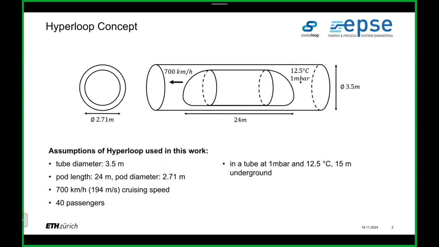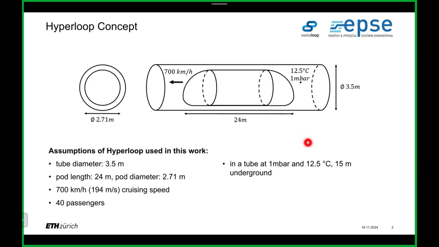My work I wanted to do on a full-scale Hyperloop, and that's why I couldn't take the prototype or the technical data of the prototype to do my calculations, and that's why I had to use a full-scale Hyperloop concept, which is this one you can see here.